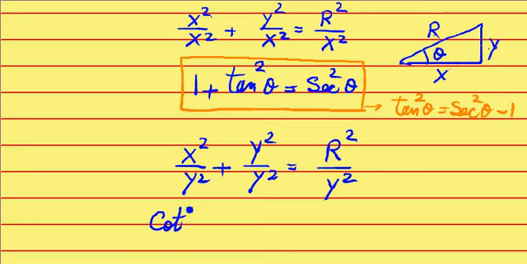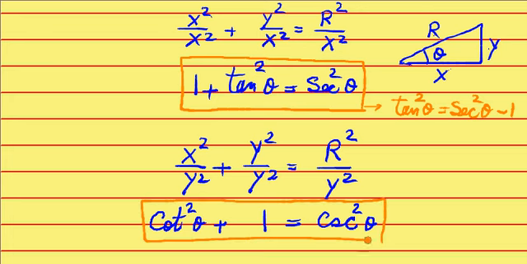That is cotangent. Y over y is just 1. R over y, who's that? Hypotenuse over the opposite. That is cosecant. So it's third version of Pythagorean identity, and that gives you what? Gives you cotangent squared is cosecant square of theta minus 1.